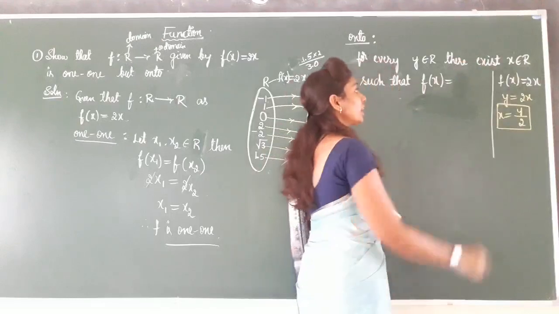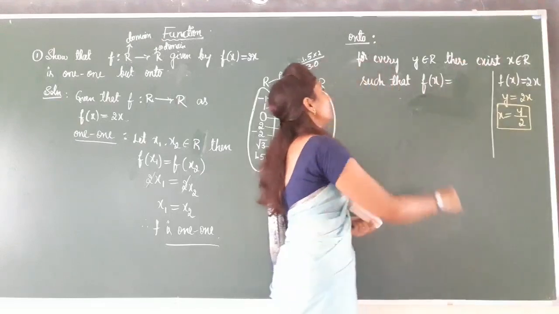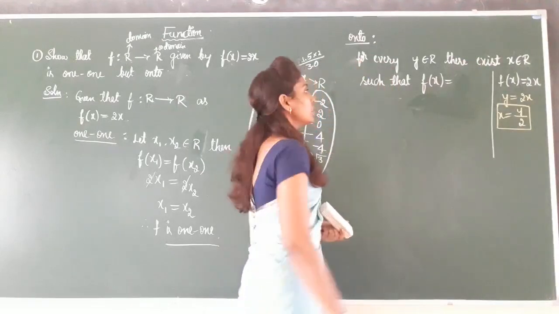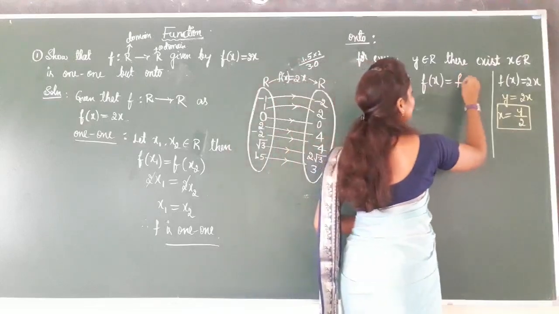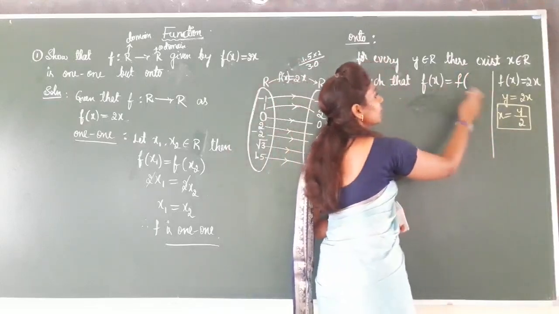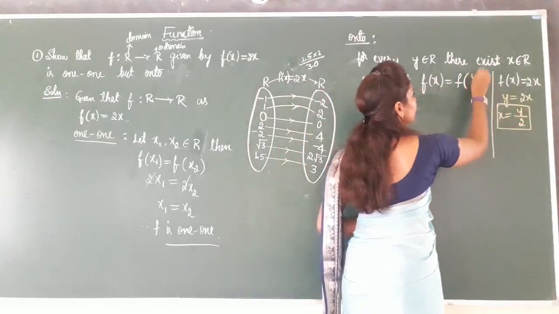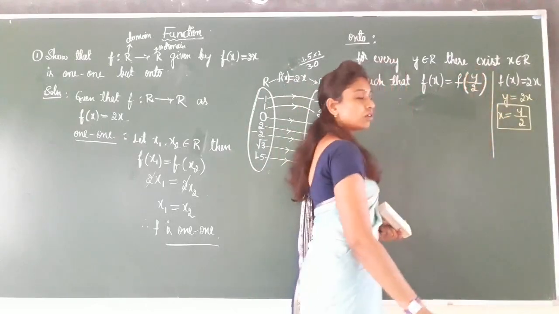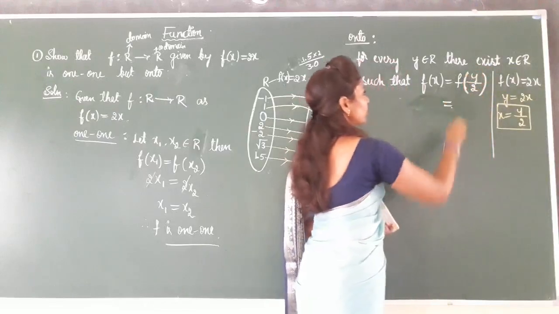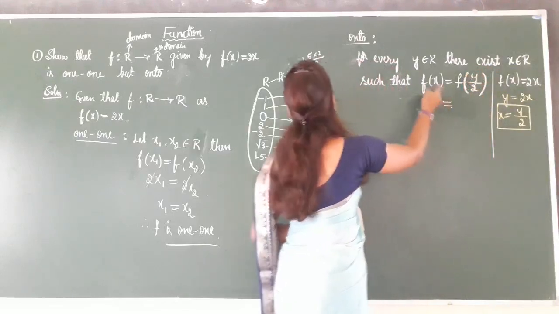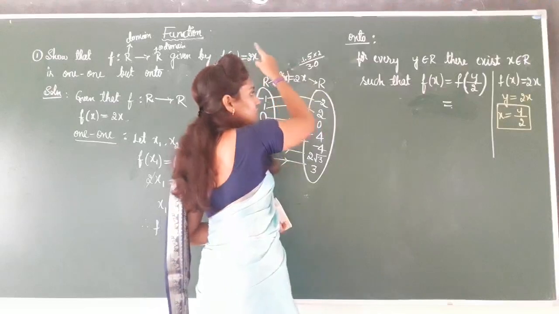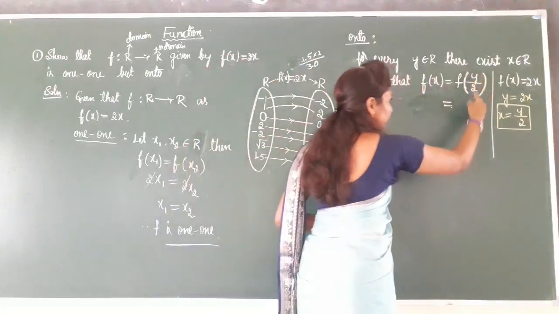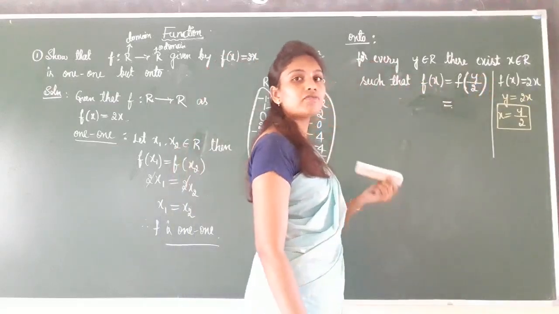You have to write like this only for onto function. F of x is equal to f of the value of x, which is y by 2. Which is equal to, f of x means 2 into x, f of y by 2 means replace x by y by 2.